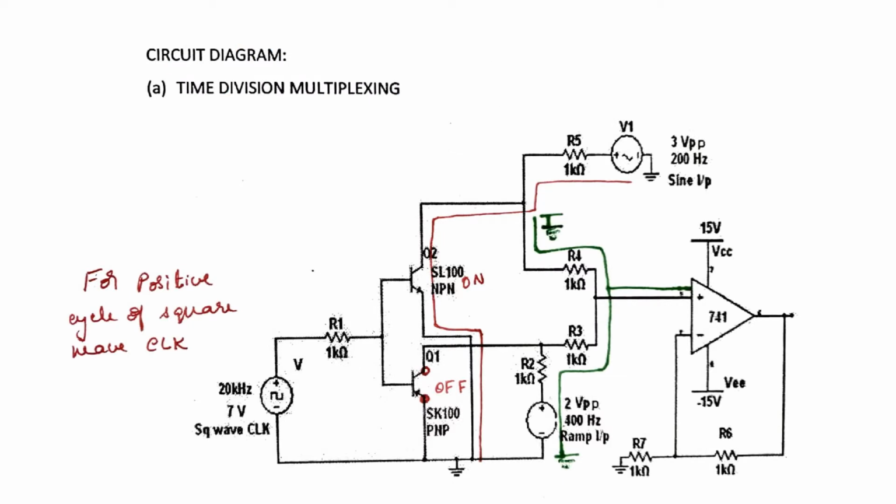Now we will study the working of the time division multiplexing circuit. Let me use the pointer. So for the positive half cycle of the square wave clock, what happens in this case? We have two transistors, an NPN transistor and a PNP transistor, and the collector of the NPN transistor is connected via resistor R5 to a 3 volt 200 Hz sine wave signal.